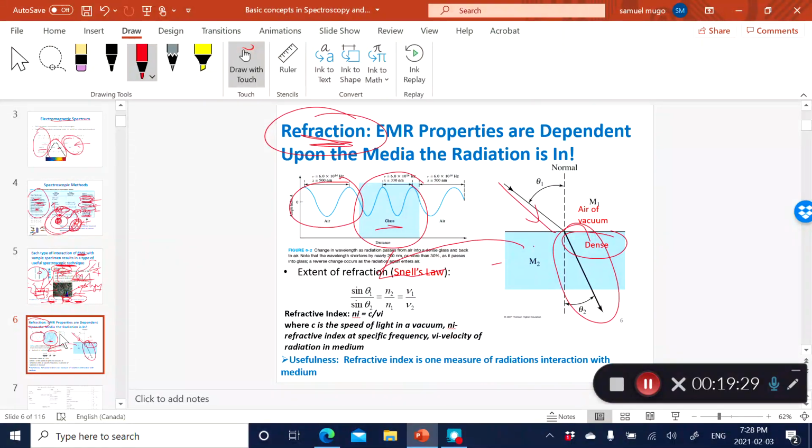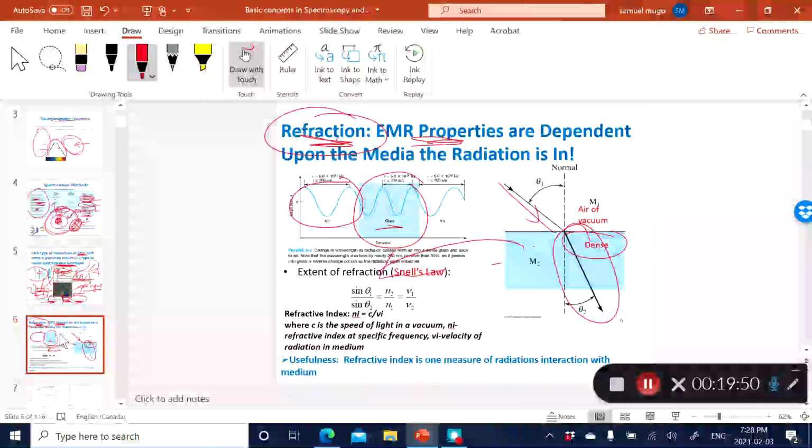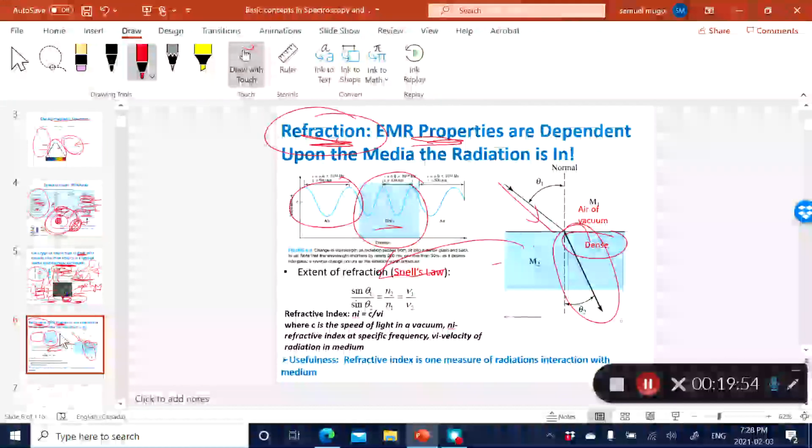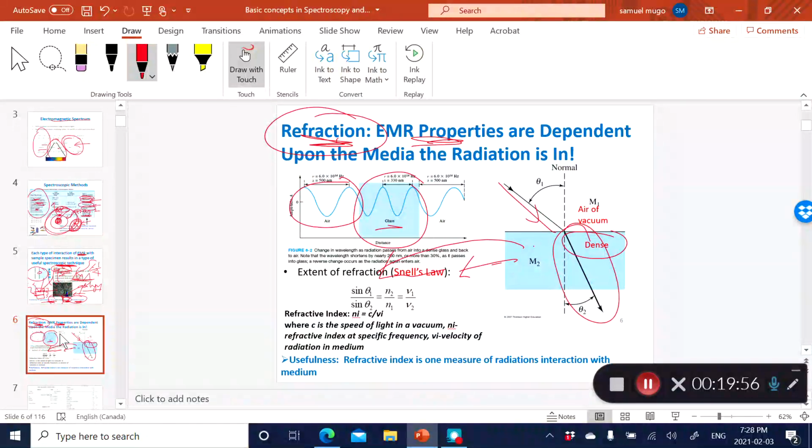So you can see again, refraction behavior of electromagnetic radiation as it impinges on a material can be used for qualitative analysis, or qualitative characterization, of different types of materials, so that you can determine its refractive index and as such, its authenticity. So very, very important type of application.